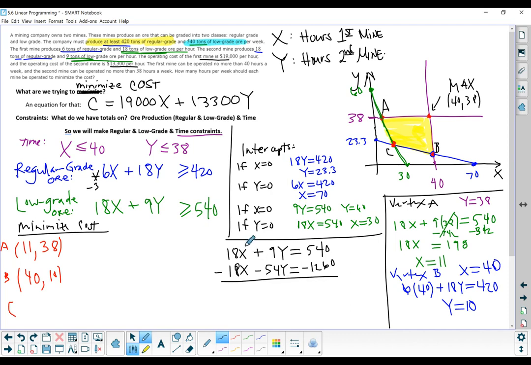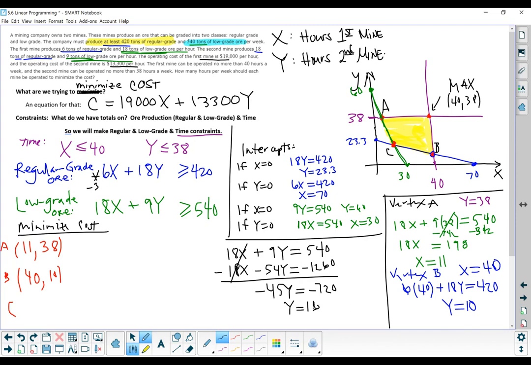So if I combine those two equations, I get negative 45y and then 540 minus 1260 is negative 720. So we divide and get 16.